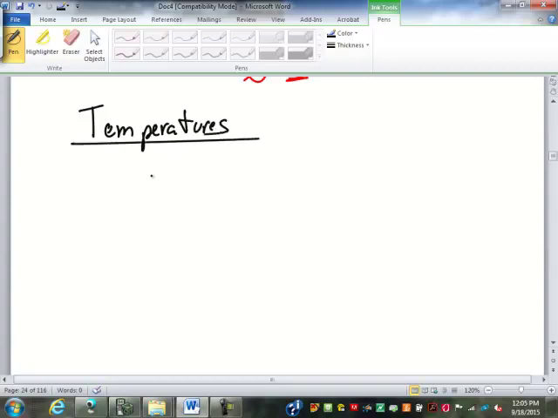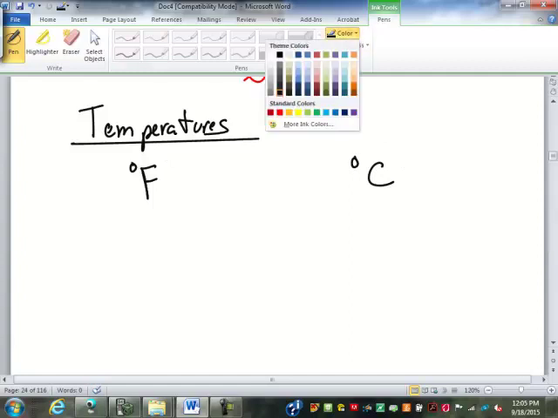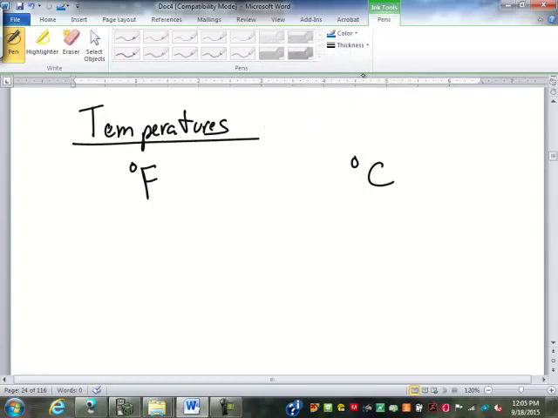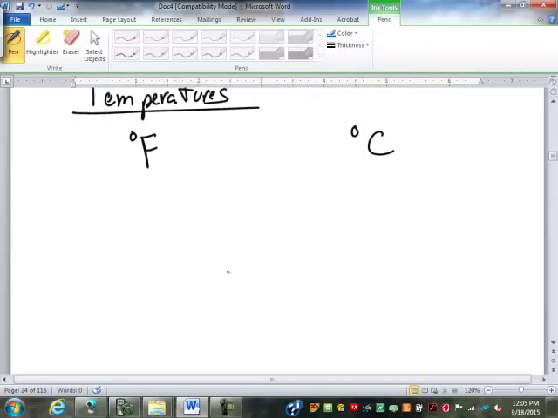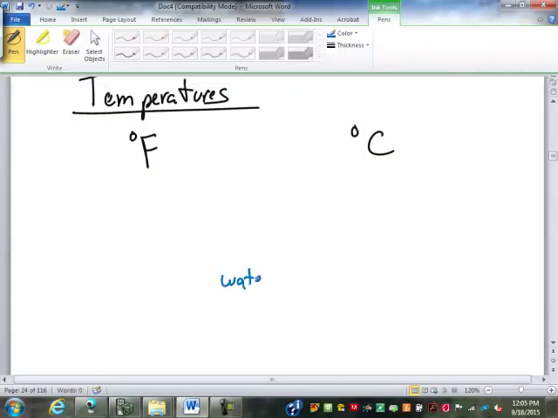We are used to looking at temperatures measured in the Fahrenheit scale, in degrees Fahrenheit. The metric system uses degrees Celsius, or what used to be called the centigrade scale. Both of them go off of two benchmarks. One benchmark is when water freezes, and the other benchmark is when water boils.